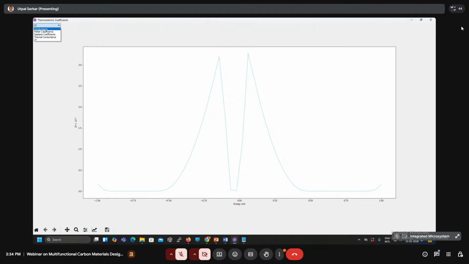So these are all the thermoelectric properties due to electronic contribution: conductance, Seebeck coefficients, electronic thermal conductance, and electronic thermoelectric figure of merit. Similarly, for the other two properties due to phonons, one is phonon thermal conductance and another is phonon thermoelectric figure of merit.